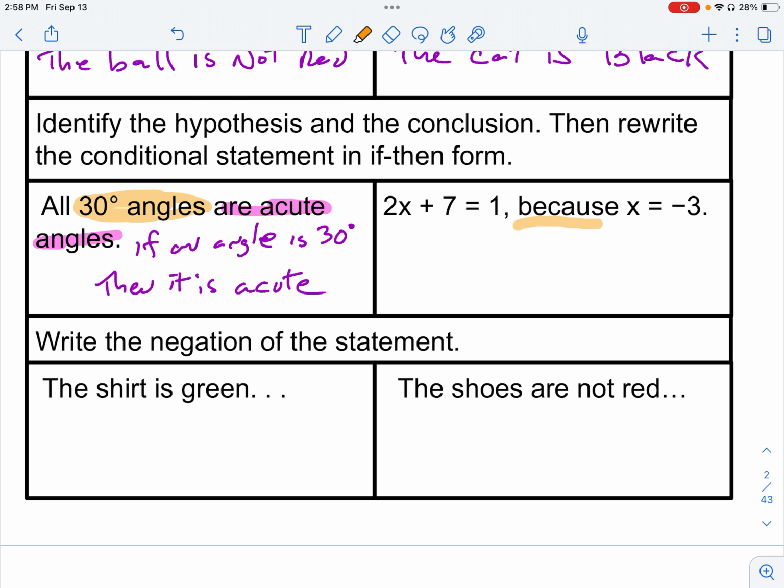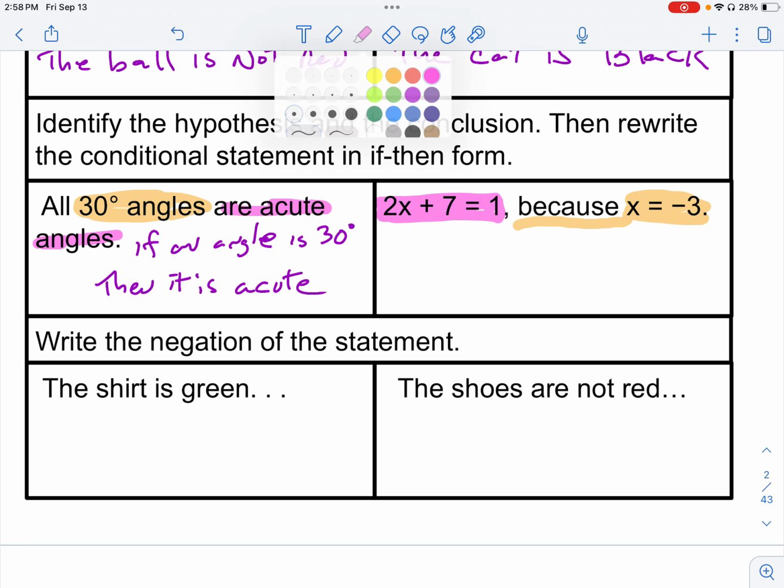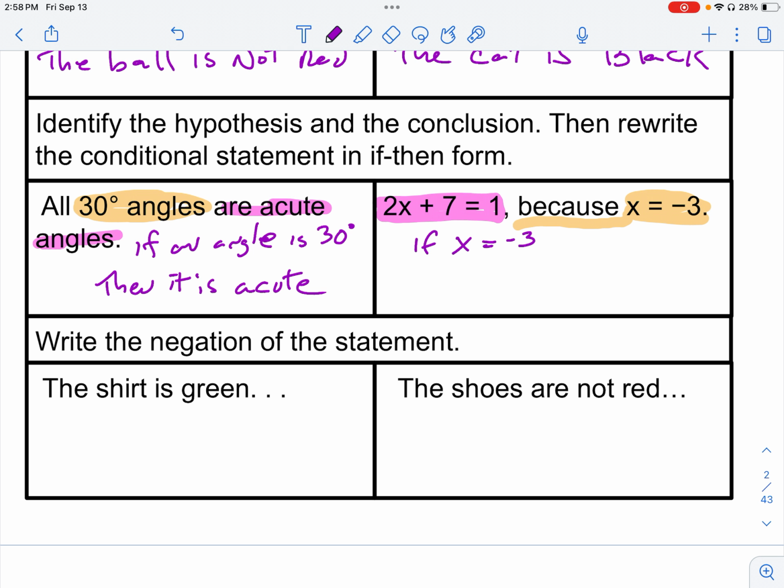Well, because it's kind of giving away the farm here again, we know that x equals -3 is our hypothesis, and 2x plus 7 equals 1 is going to be our conclusion. So if x equals -3, then 2x plus 7 equals 1.